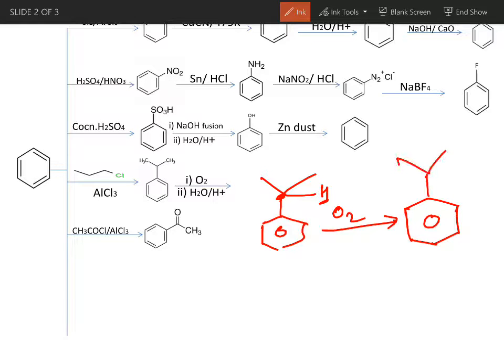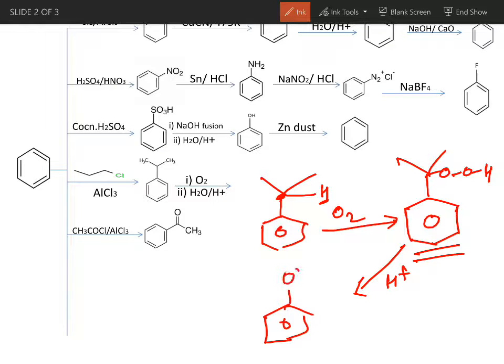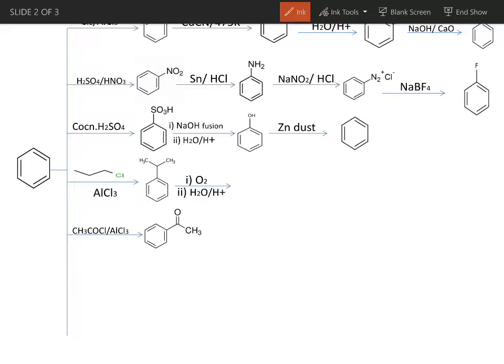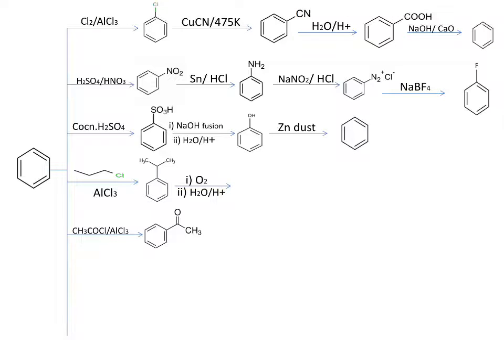It will form a compound something like this. Cumene hydroperoxide on further hydrolysis will give phenol. So when cumene is reacted with oxygen followed by hydrolysis, the compound formed is phenol.